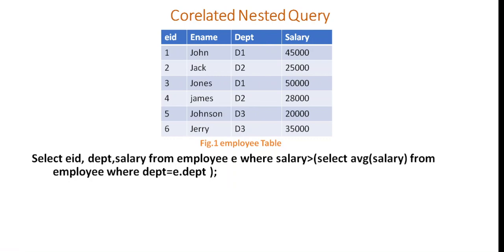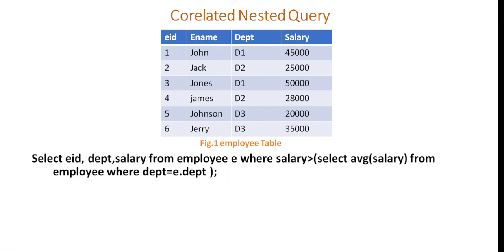Then the first row will get compared with the third row. In the first row we have department D1, in the third row also we have department D1. Now it will compare these two values. Both the values are equal because we have given the equality condition where department equals E dot department.